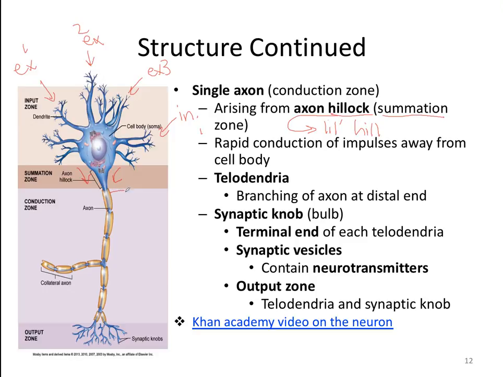So here we have the axon. They can branch, and at the end, they branch into telodendria. So these are multiple end branches with many axon terminals.